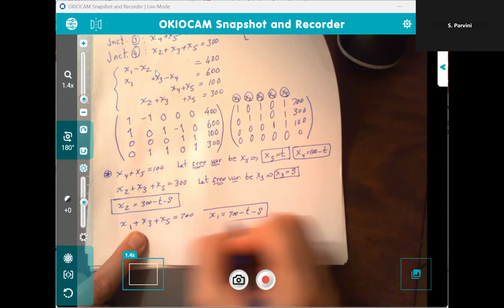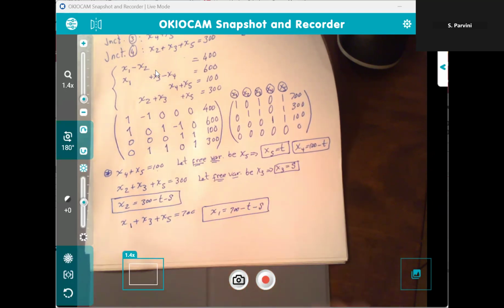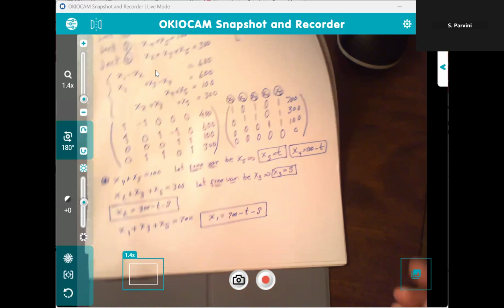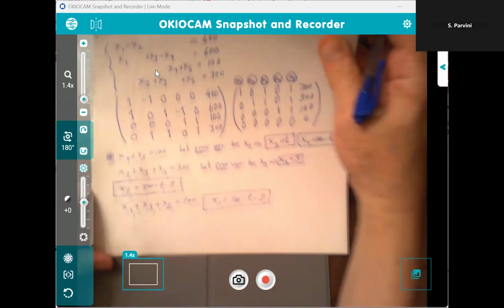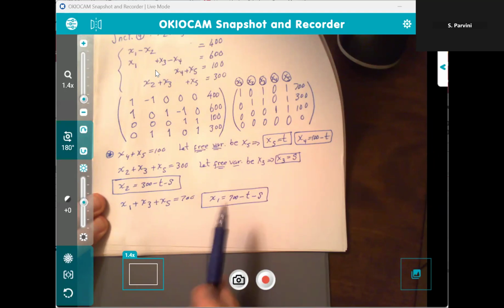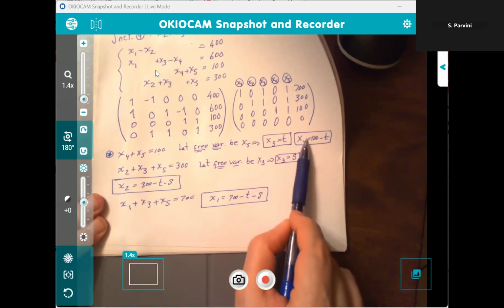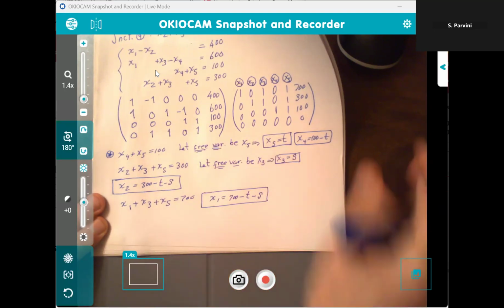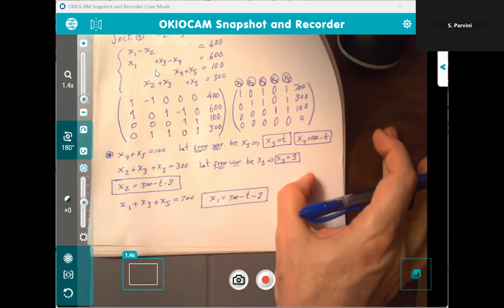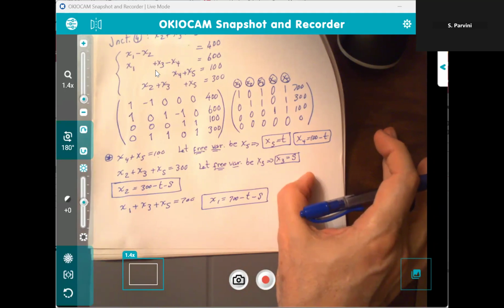And there we have this one, ladies and gentlemen. So we have solved the system parametrically. We have the solution for x sub 1, 2, 3, 4, and 5. In other words, the system has an infinite number of solutions, doesn't it?